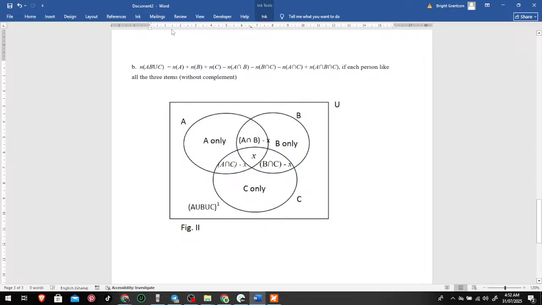The whole thing of this one, number of A, right, is this one. Number of B is this one, and number of C is this one, minus A intersection B, minus B intersection C, and A intersection C. Then you add the 3 sets, the complement where the X is most of the time, or where the unknown is, or the 3 regions.